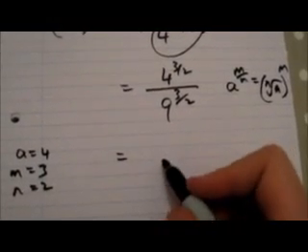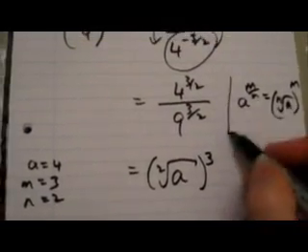So let's fill that in. We have the nth root of a, so that's the second root or the square root, and we take the whole thing to the power of m, which is 3. So we're just filling in this formula: a is 4, n is 2, and m is 3.